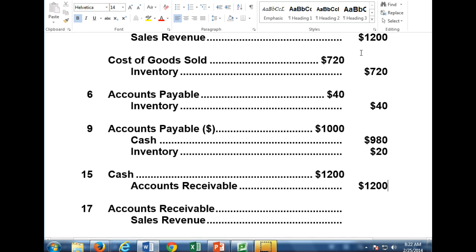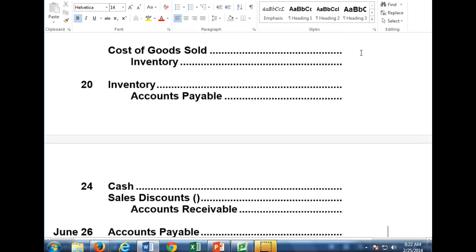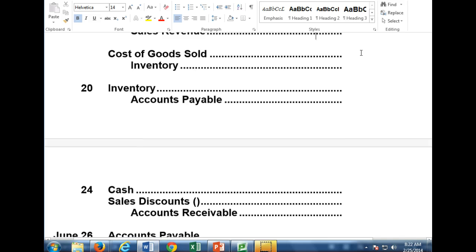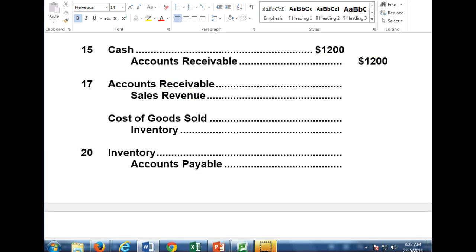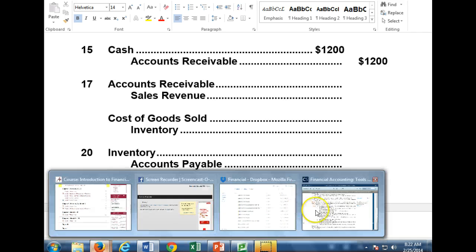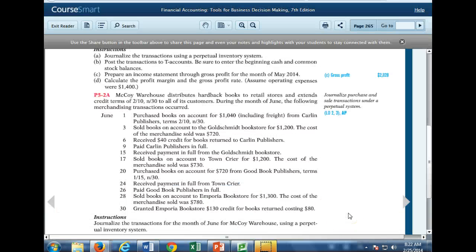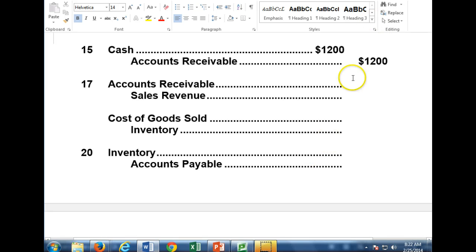Okay. On this, June 17th, we show here sold books on account to Town Crier for $1,200. The cost of the merchandise sold was $730. So what are we going to show as the accounts receivable?